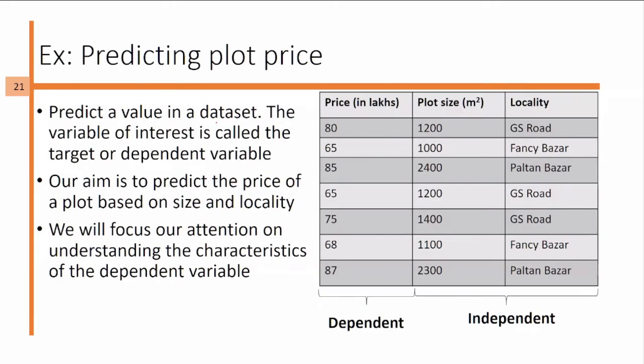In this particular talk, I'll be using a running example where I'm trying to predict the value of a plot, based on the plot size and the locality. This is a toy example which I'll use to explain the models.